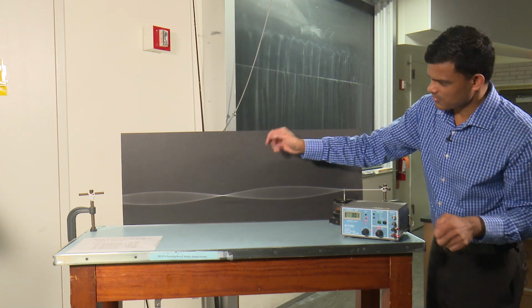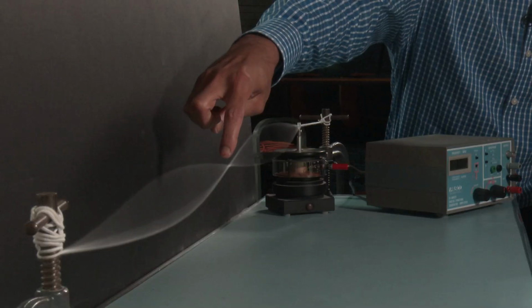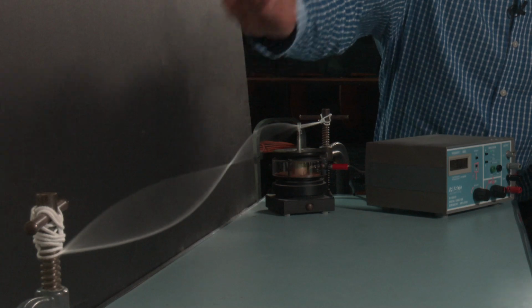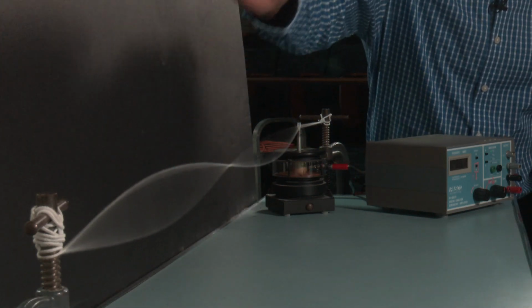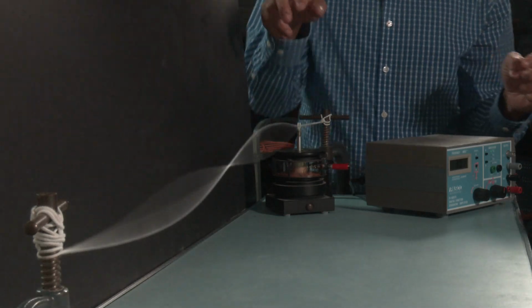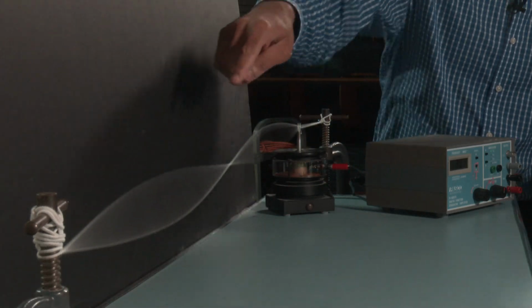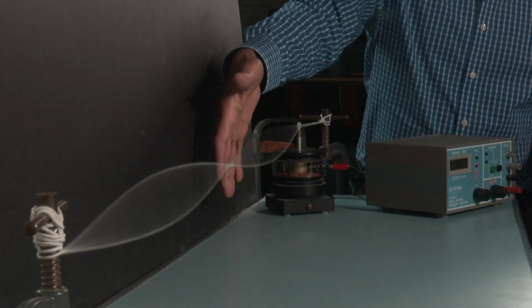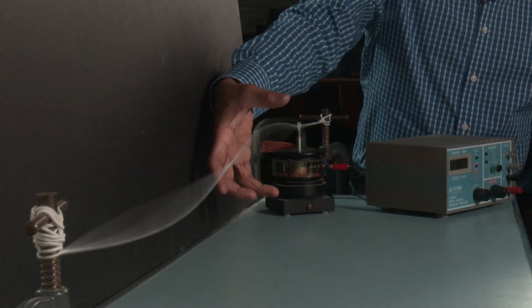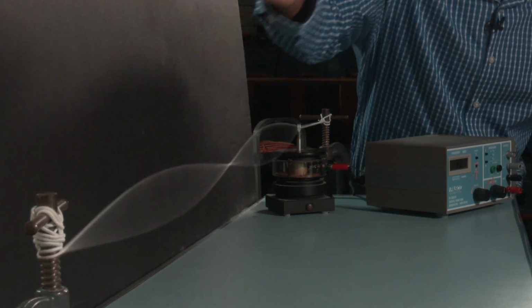The string is going up and down. But look at right here. Right here is very interesting, where you can clearly see the standing part. That part of the string isn't moving much at all. The waves are still going forward and back, so there's waves going that way, coming back here. But again, they're adding in a way that there's a lot of amplitude here and a lot of amplitude here.